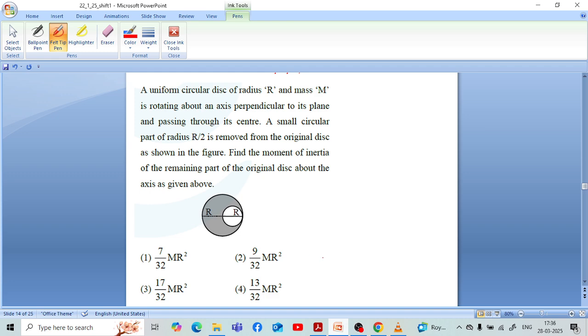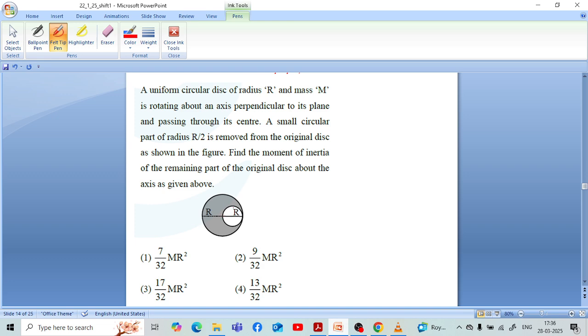So the problem is based on the topic moment of inertia. The situation is something like this: originally there is a complete disk having a radius of r and mass m, and it is rotating about the axis which is perpendicular to its plane.